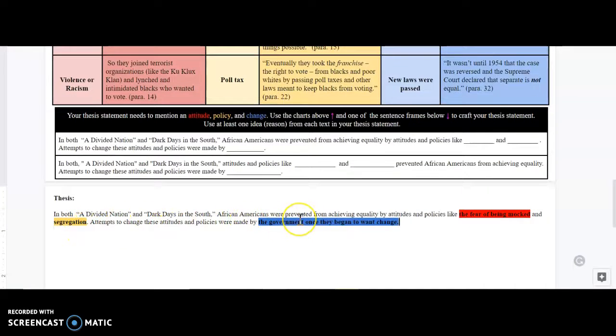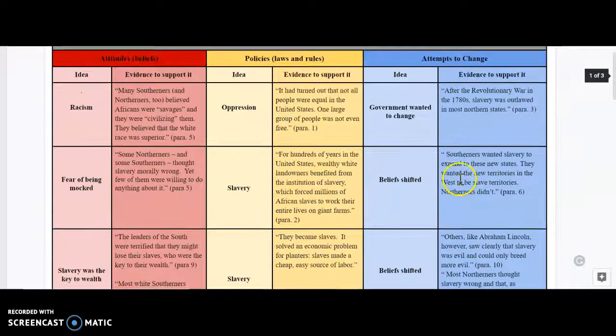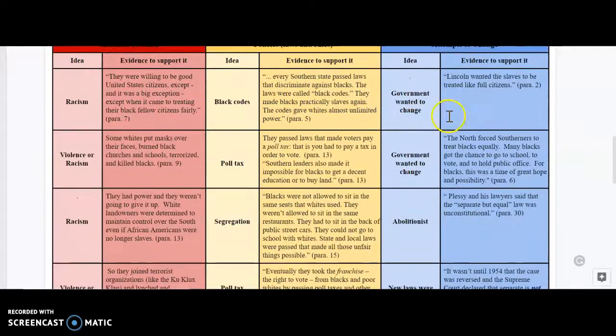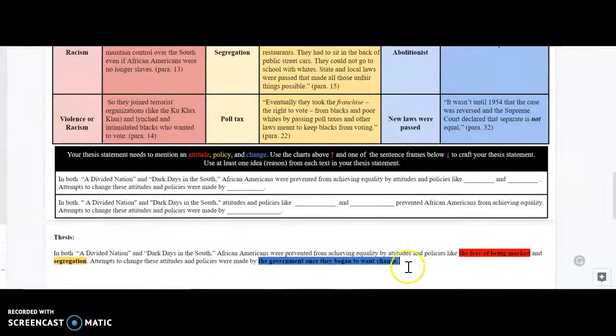And my attempt to change, there's evidence that can be found in text 1 for government wanted to change, and text 2 for government wanted to change, which is awesome. You want to make sure that for the change you use, there are multiple pieces of evidence to support it.